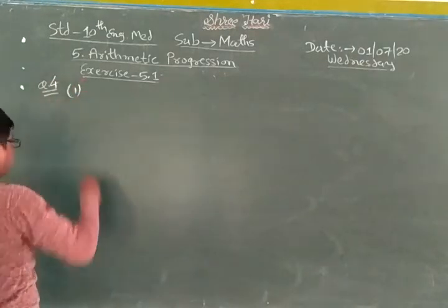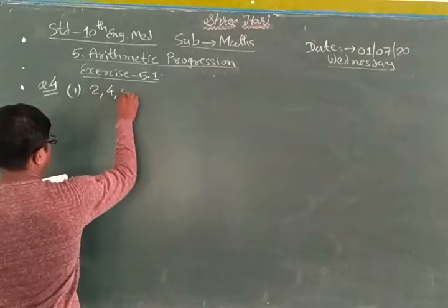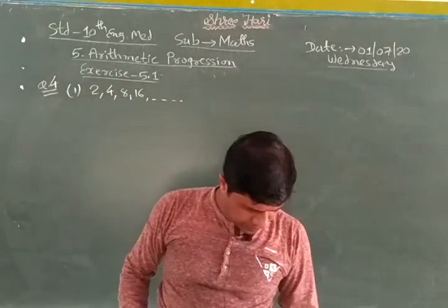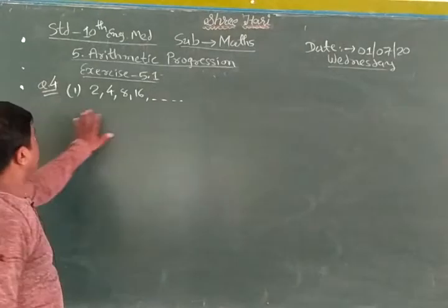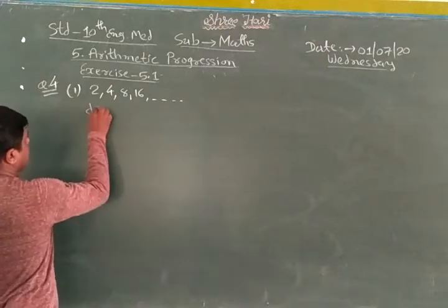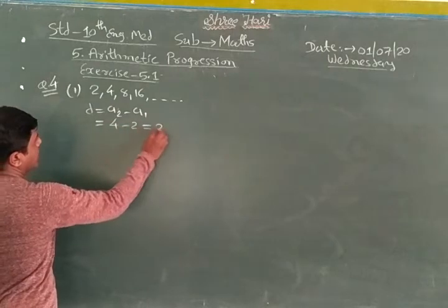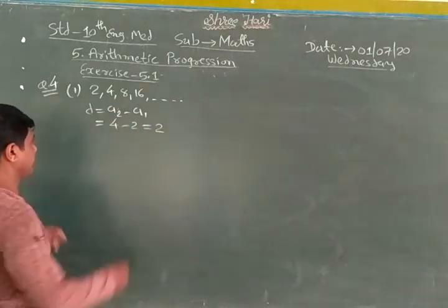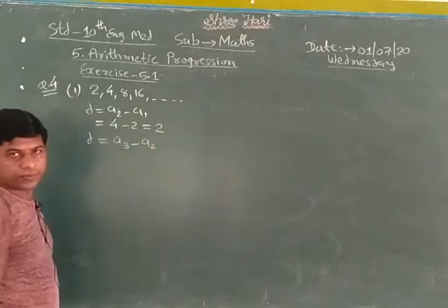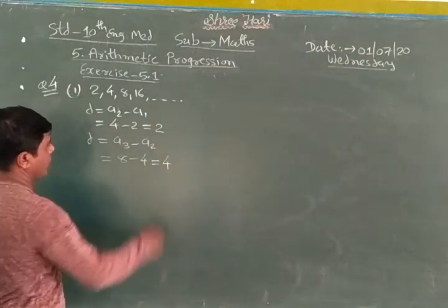First, 2, 4, 8, 16. First find the common difference D. A2 minus A1, 4 minus 2, answer is 2. Then A3 minus A2, so A3 8 minus 4, answer 4.